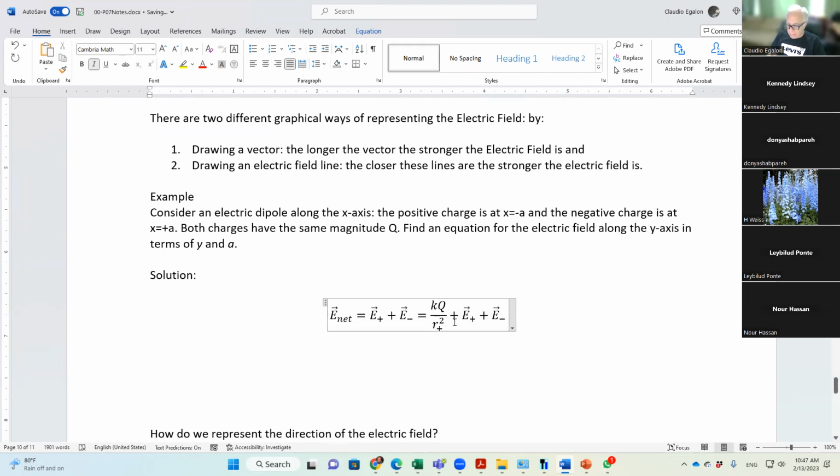And we still have the unit vector along the positive charge, which is going to be different than the other unit vector, by the way. So we can have the same thing for the other charge.